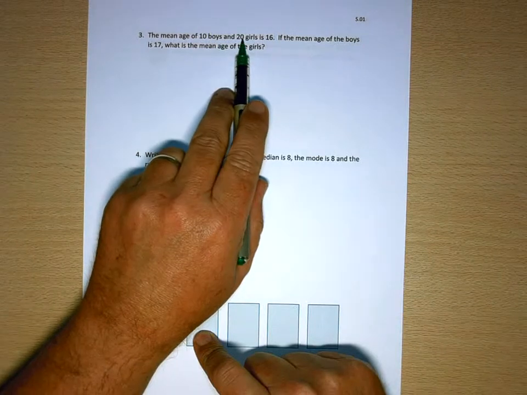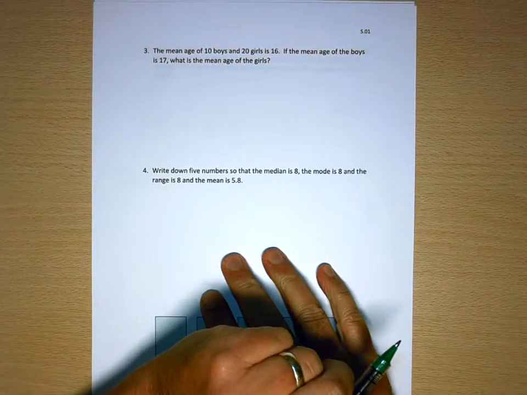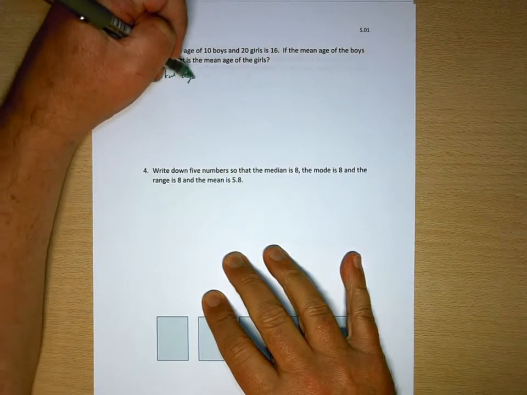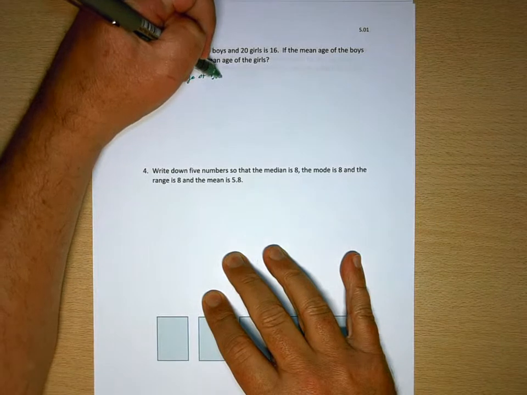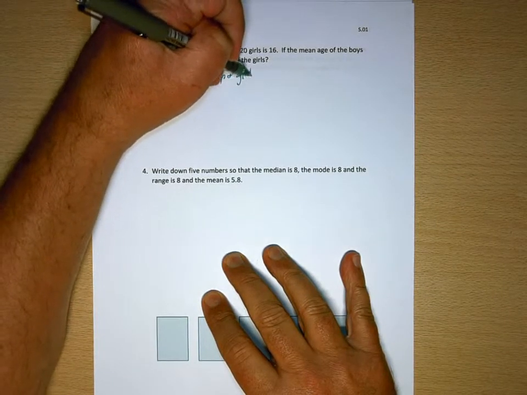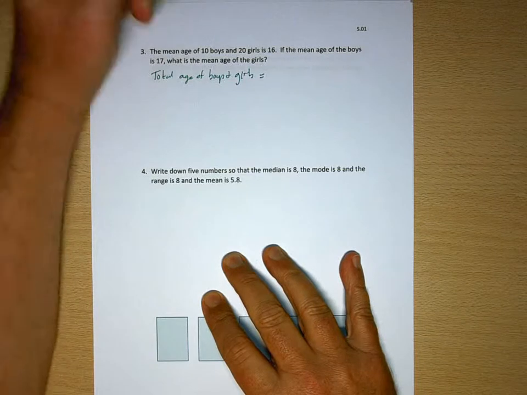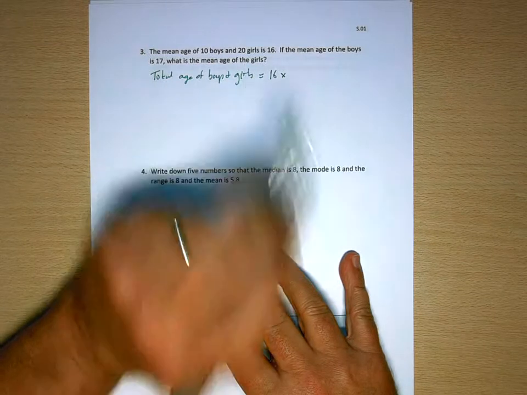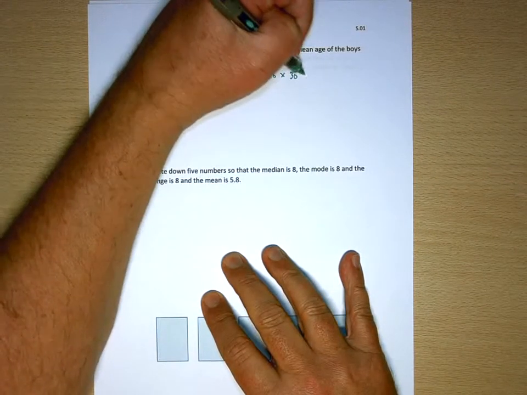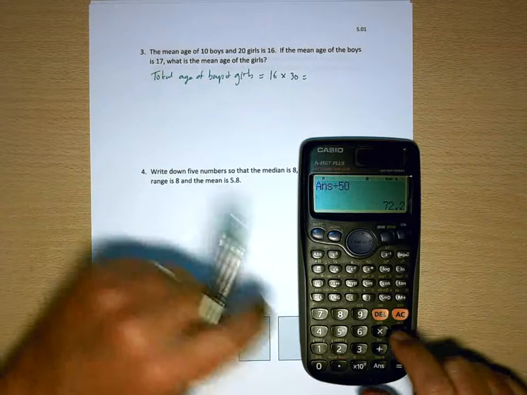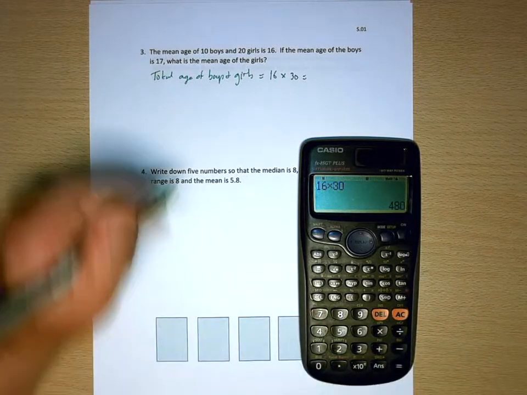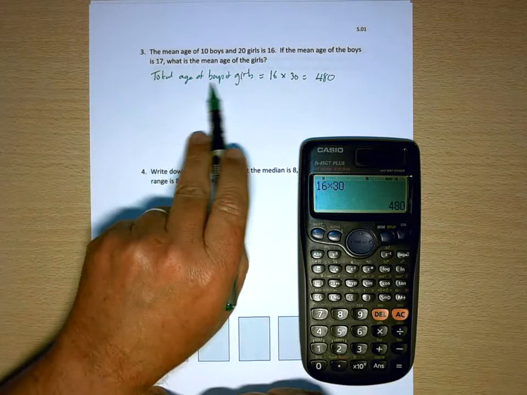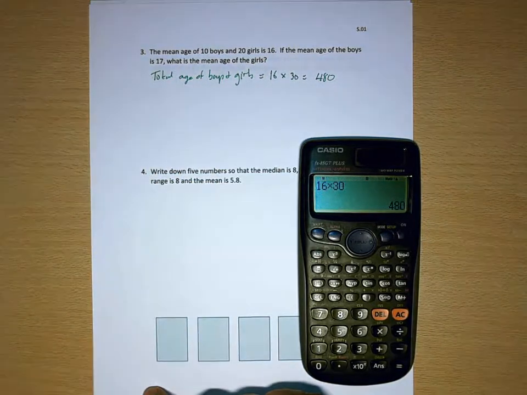So the total age of the boys and girls is going to be the mean, which is 16, times the count. The boys and girls together will be 30. So 16 lots of 30 is 480. So with the boys and girls combined, their total age is 480.